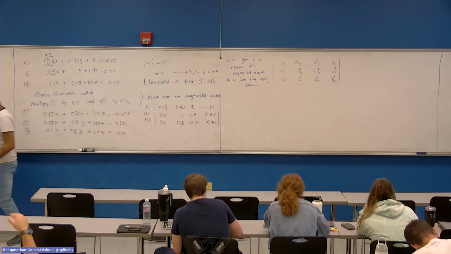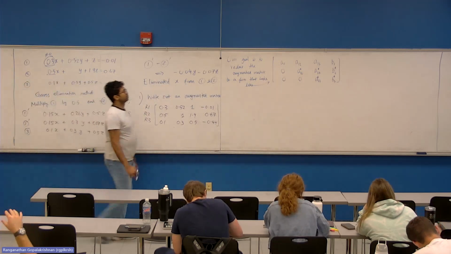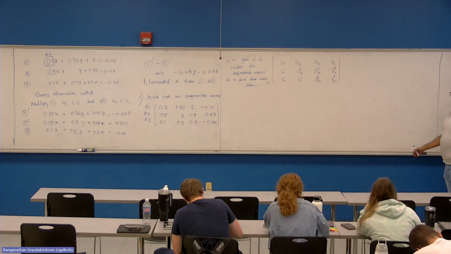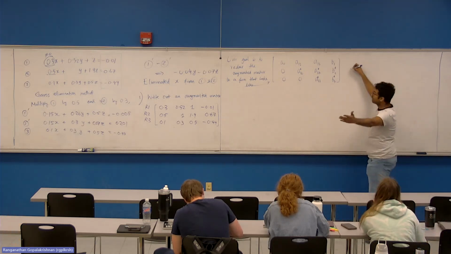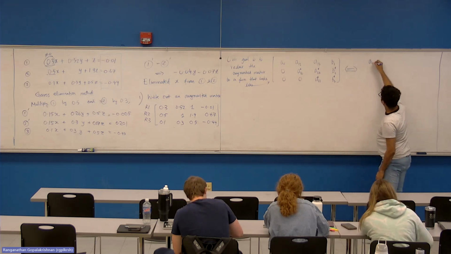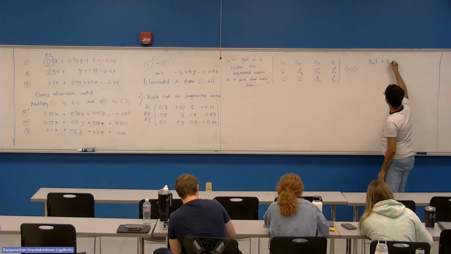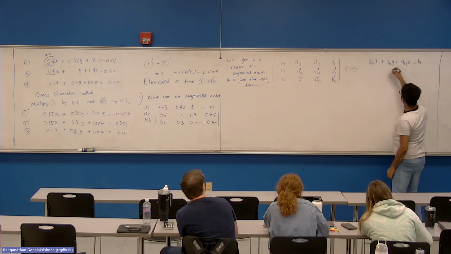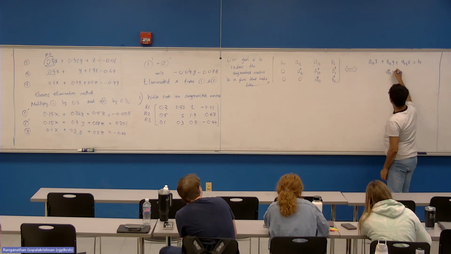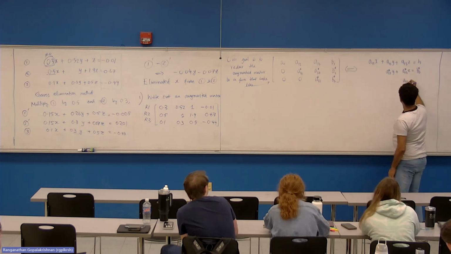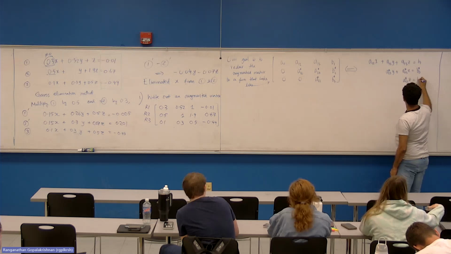You find z from B3, plug it into row 2 to find y, then do the same with row 1. This is equivalent to writing A11x plus A12y plus A13z equals B1, A22 star y plus A23 star z equals B2 star, and A33 star z equals B3 star.